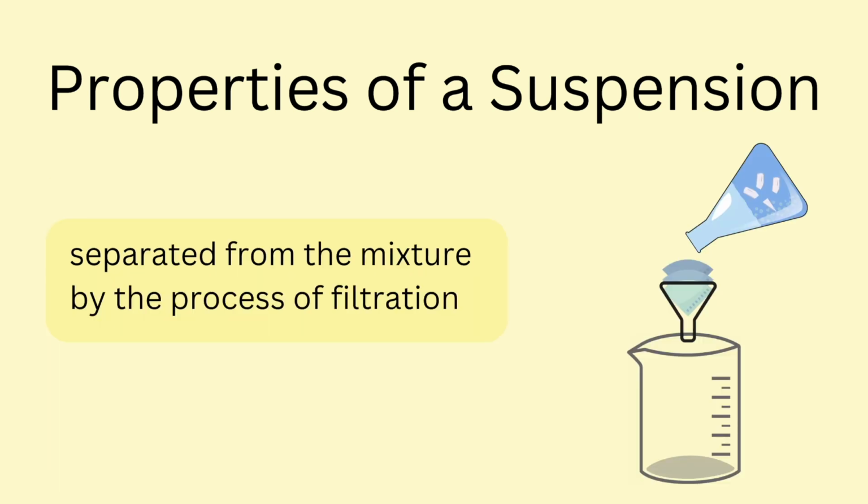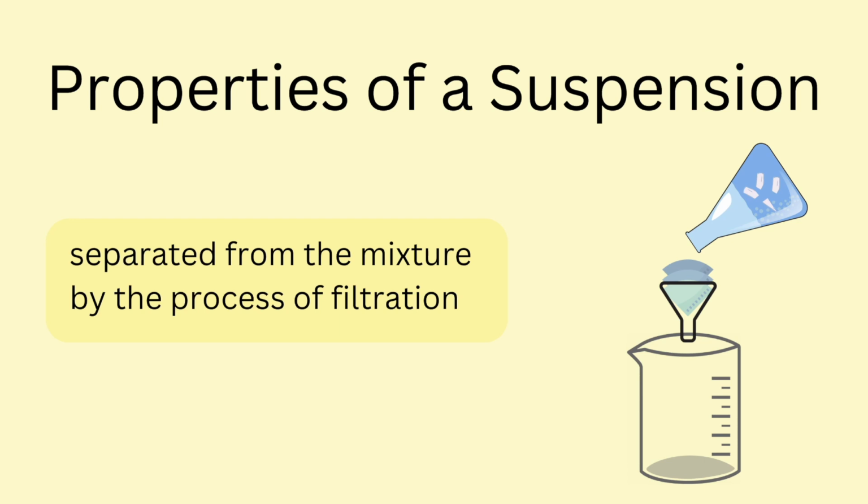The next property is that the particles can be separated from the mixture using the process of filtration. Filtration is something that we have seen already in the previous videos. We take a beaker and a filter paper, make a cone out of the filter paper by folding it in half and again in half, and attach it to the funnel using a drop of water.